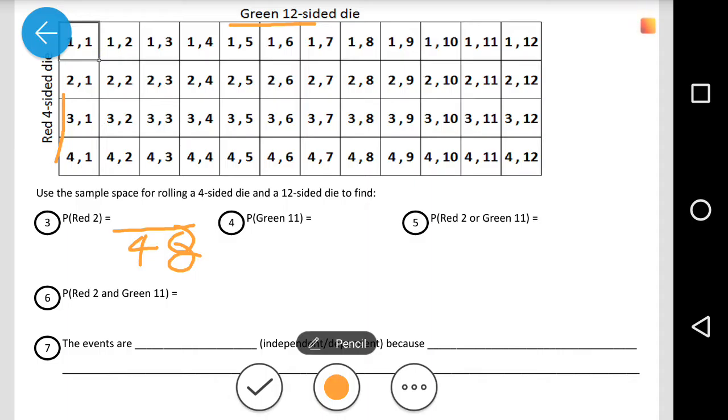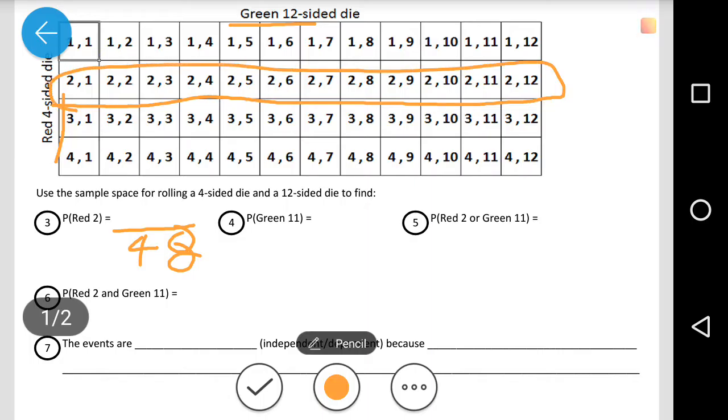For problem number 3, I'm doing red 2. And red 2 happens for all of these possible outcomes. So there are actually 12 possible outcomes where I get a red 2. So the probability of red 2 is 12 out of 48.